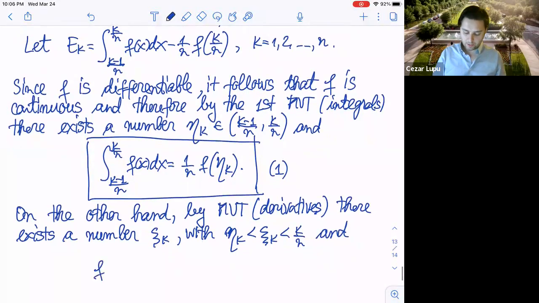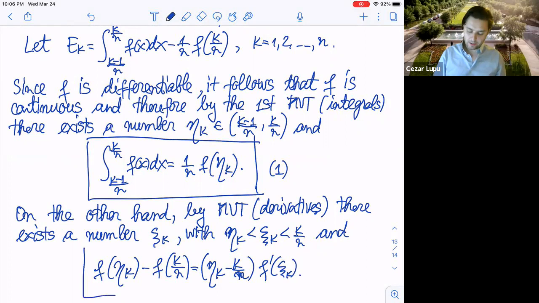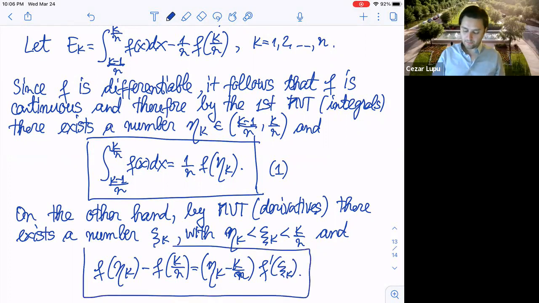So f of eta_k minus f of k over n will be (eta_k minus k over n) times f prime of c_k. So that will be the second relation.